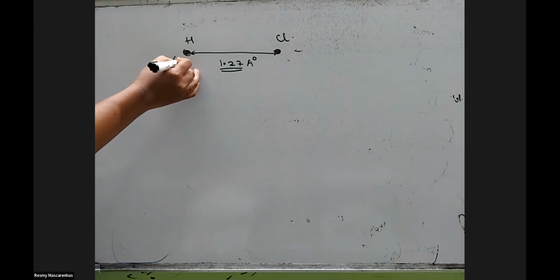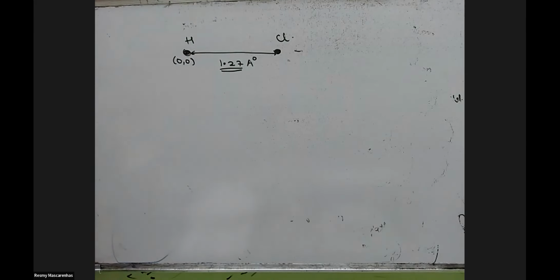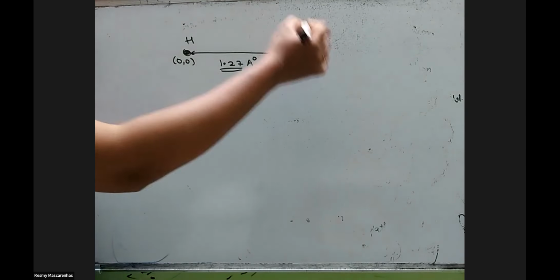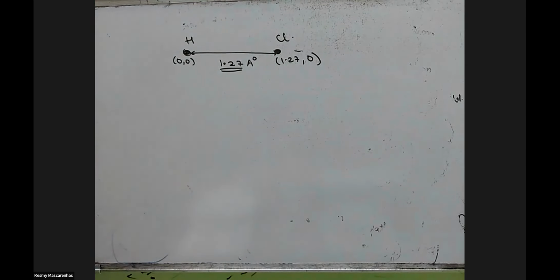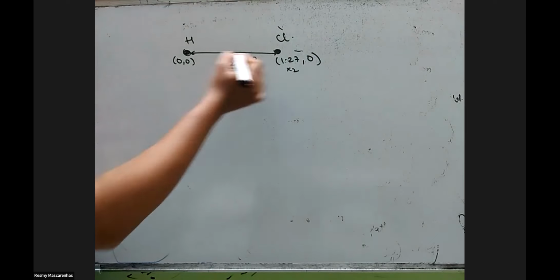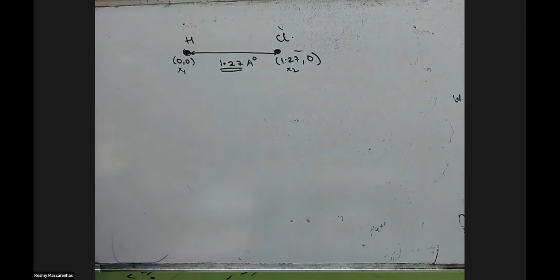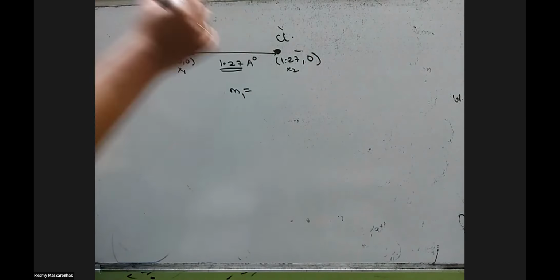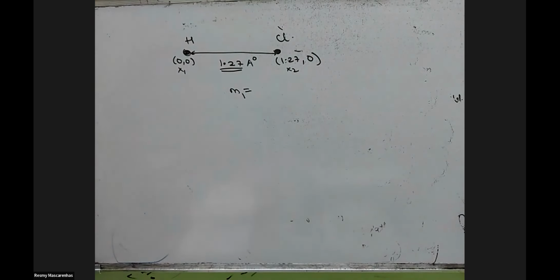Now this we have to always take 0, 0. So this how much it will be? 1.27, 0. Because x2 is how much? 1.27. x1 is anyway 0 starting point. Mass how much is given? m1 is as massive, means how much is the mass of it? So 35.5.